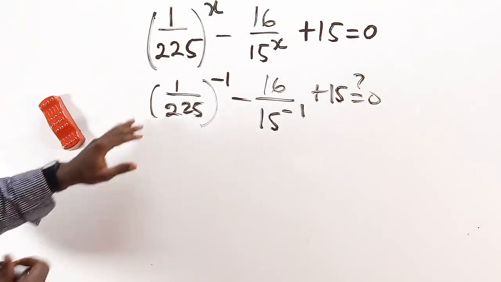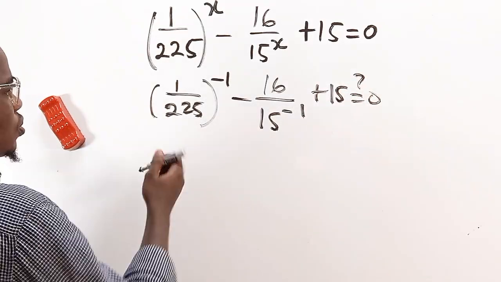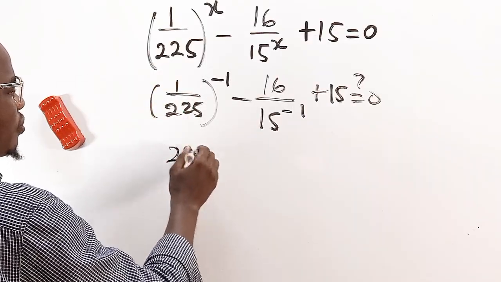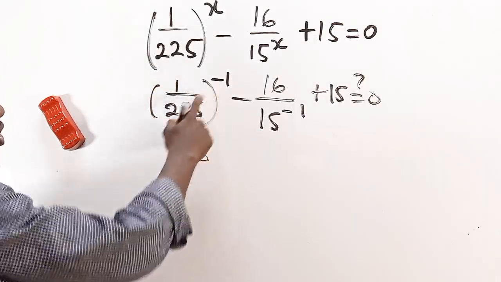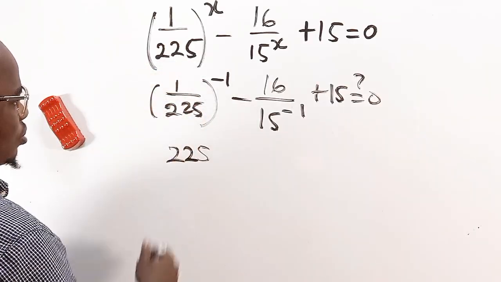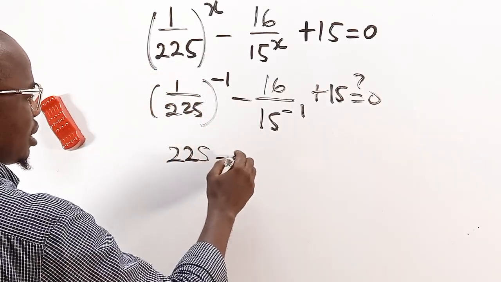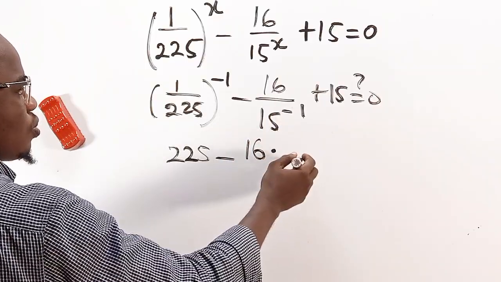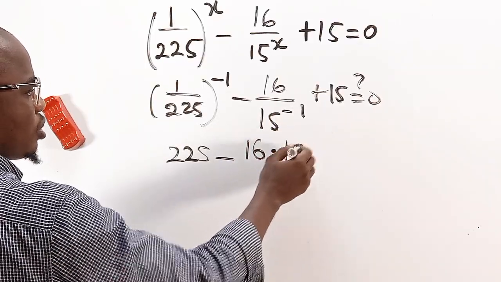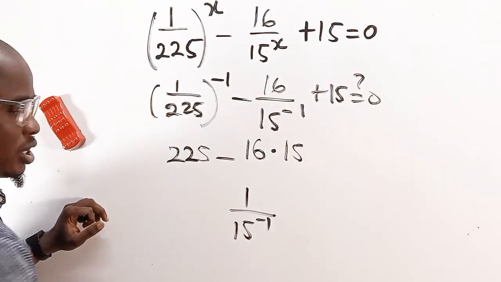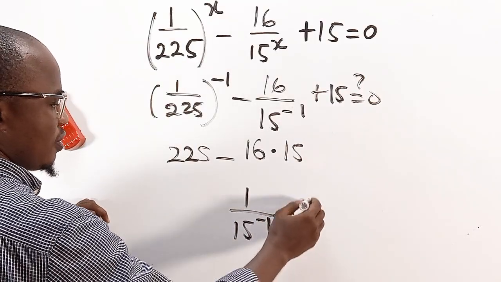So now what are we going to do here? We have this one to be 225, because when you have the reciprocal with minus, we change the 1 over 225, and we are going to have 225. Then minus 16 multiplying 15, because when you have 1 over 15 to the power of minus 1, this can be 15.